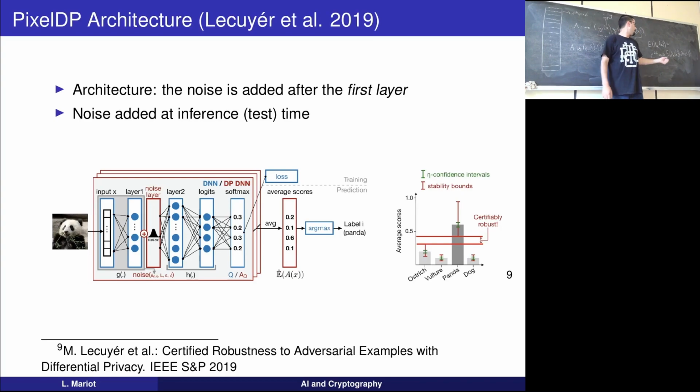So we have this property that needs to hold for all possible input images, and there exists at least one class K such that this property is satisfied.